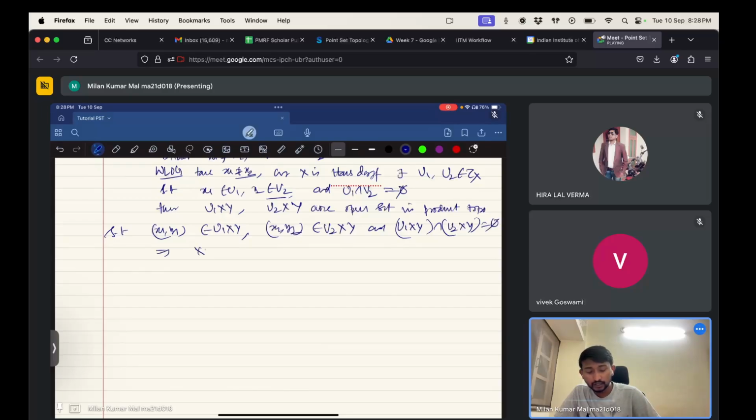So that means X cross Y is Hausdorff. Okay, now to prove locally compact.